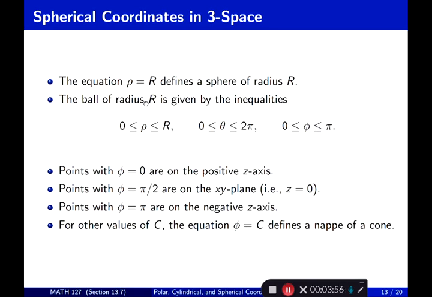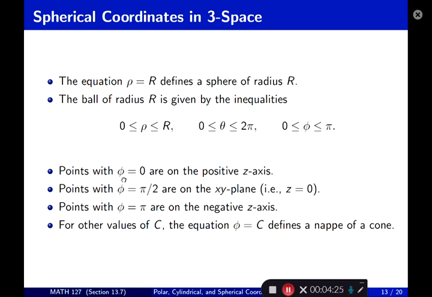The ball of radius r is given by the inequalities rho between 0 and r, theta between 0 and 2 pi, and phi between 0 and pi. So that would be the description of it.